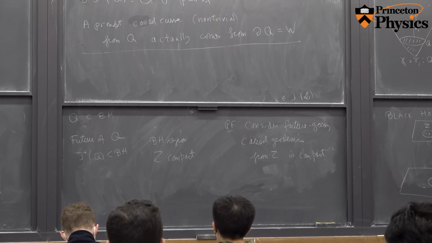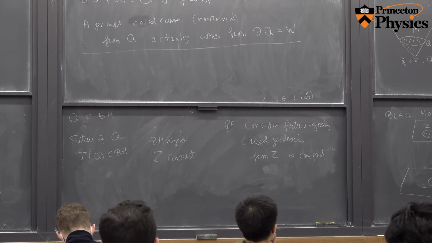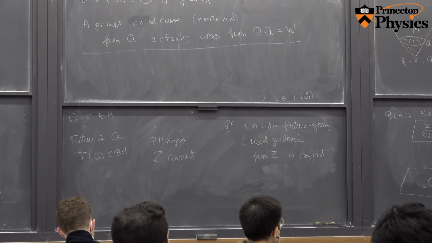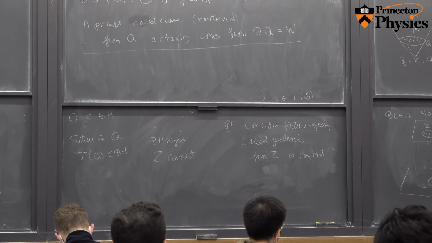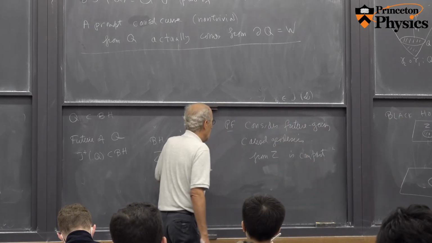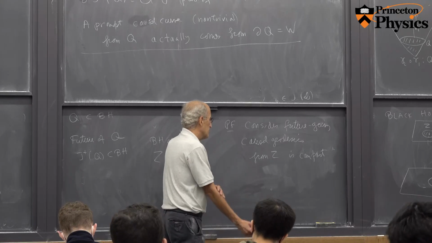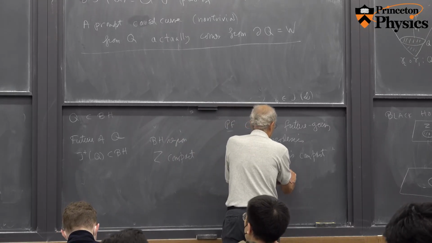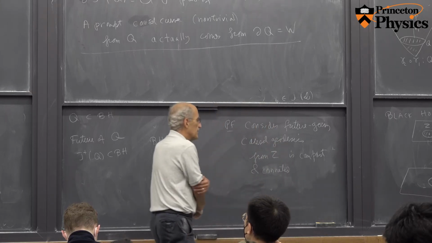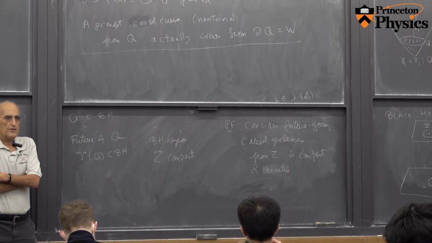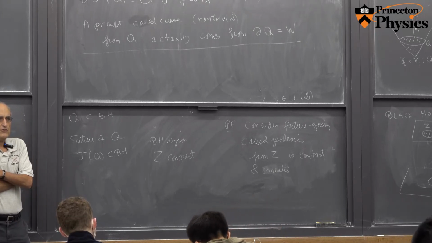So the data that would determine a causal geodesic from Z, namely an initial point and an initial future-going causal direction, that's a compact set of data. So the set of causal geodesics from Z is compact and connected. It's connected because the data are connected. The data are a point in Z, which we assumed is connected, and an initial causal direction, which is also connected.